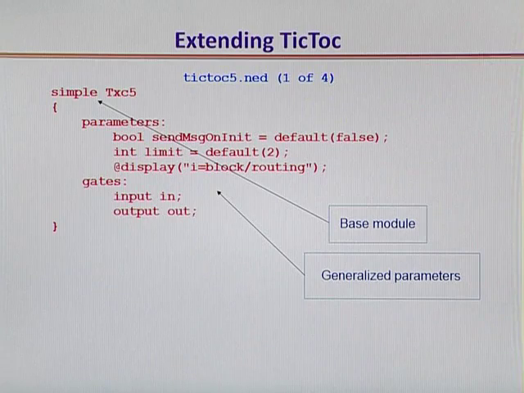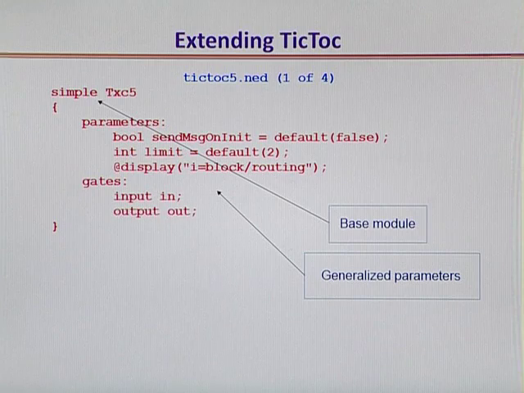Here, the txc5 C++ class is being extended or implemented using a simple module method in the ned file. Here, we see that the same functions and parameters are being defined.